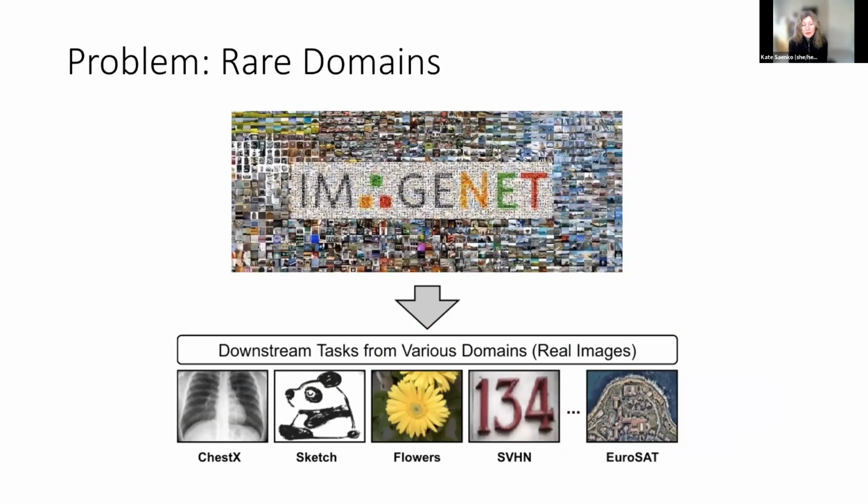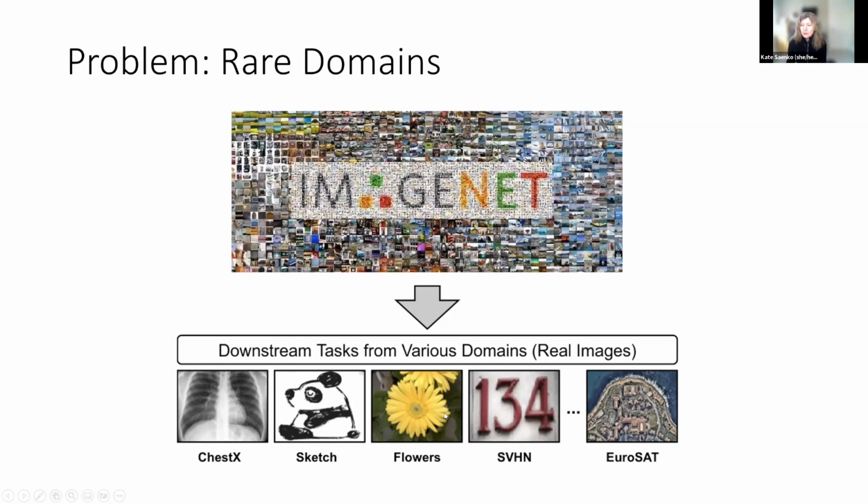Another problem that I want to address today is that of rare domains. ImageNet is somehow representative of data you would see, like kind of objects you might see on the web. But there are many kinds of downstream tasks we might want to work on and solve that are not like ImageNet. So medical images, chest x-rays, sketch data is not quite like ImageNet.